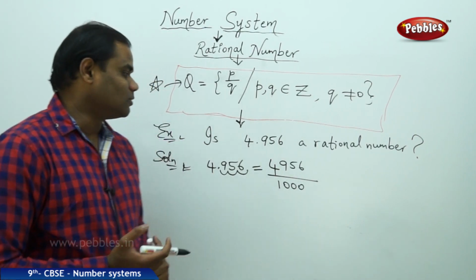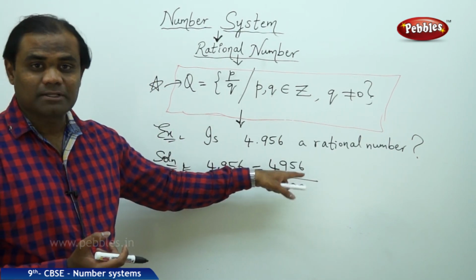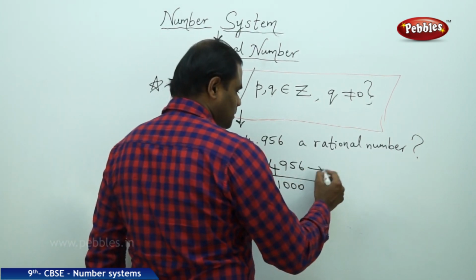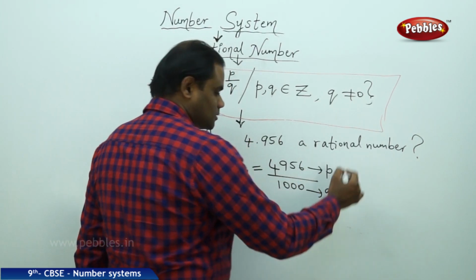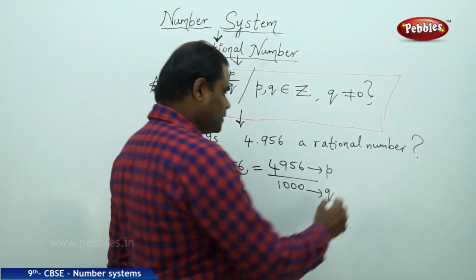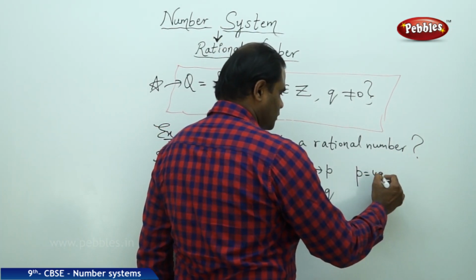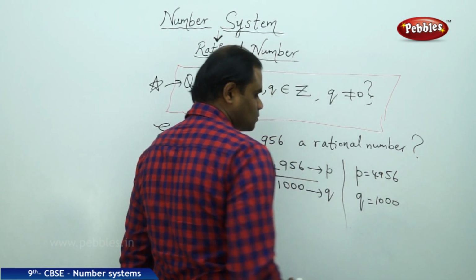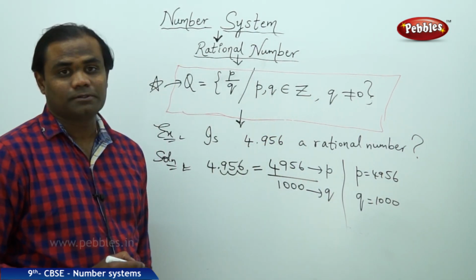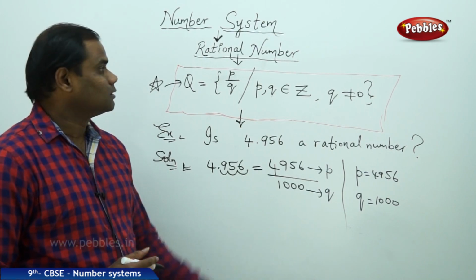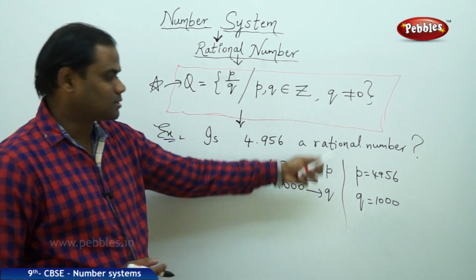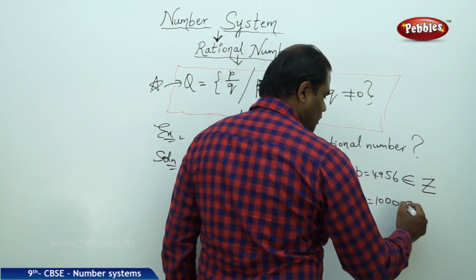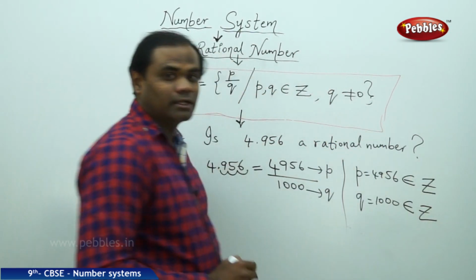Now, let's see if this passes through the two tests for a rational number. This is P, this is Q, and I have my P as 4956, and my Q as 1000 in the denominator. Test number 1: P and Q must be integers. Clearly, 4956 is an integer and 1000 is an integer.